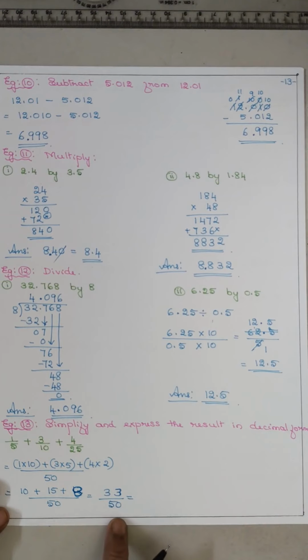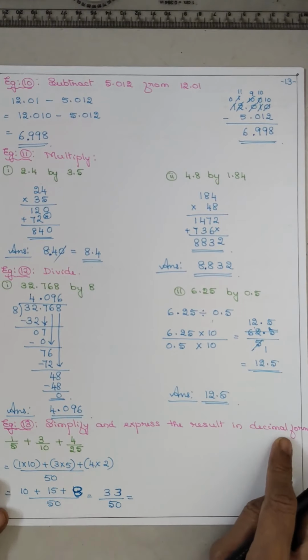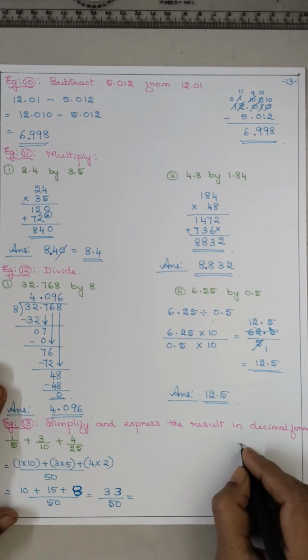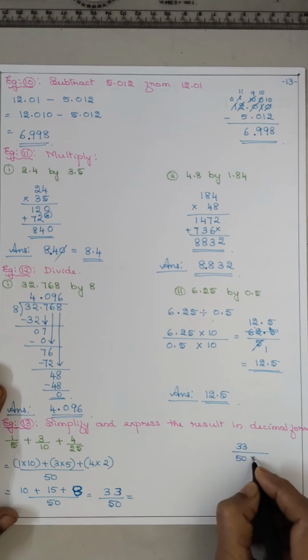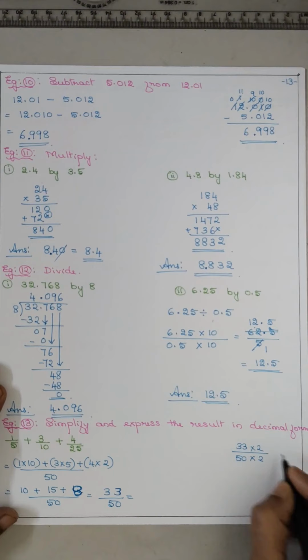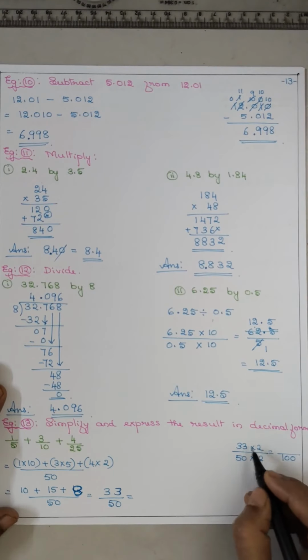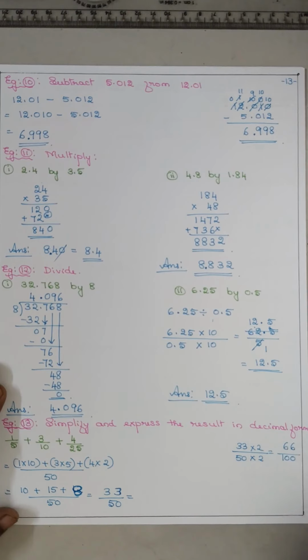Now it is in rational form, P by Q, but write it in decimal. So how do we do it for decimal? Remember? 33 by 50 into 2, denominator 100. 2 threes are 6, 2 threes are 6, that means 6, 6, 2 zeros, so 2 decimals. Answer is 0.66.